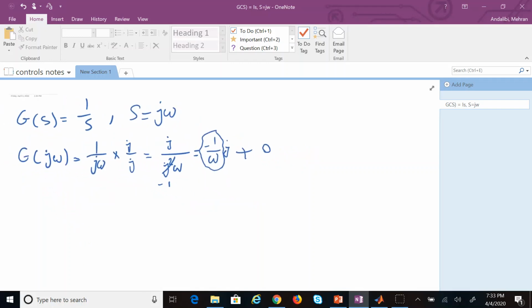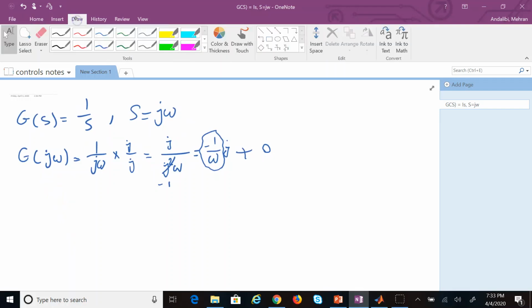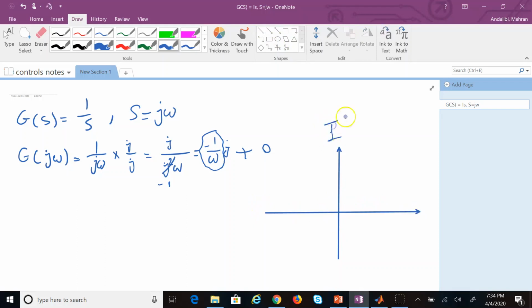If I plot it in the complex plane, with this as my imaginary axis and this as my real axis, what would happen when I change omega from 0 to infinity?